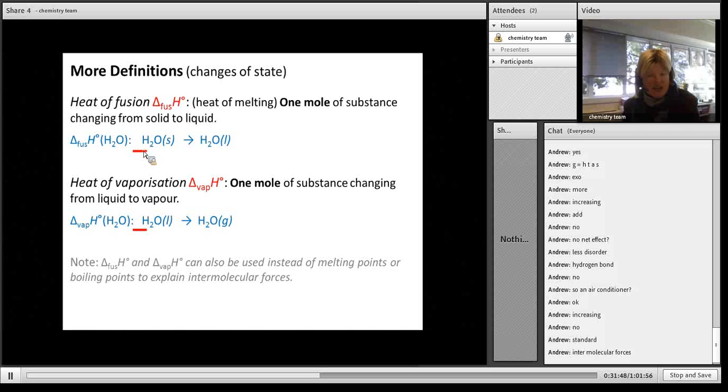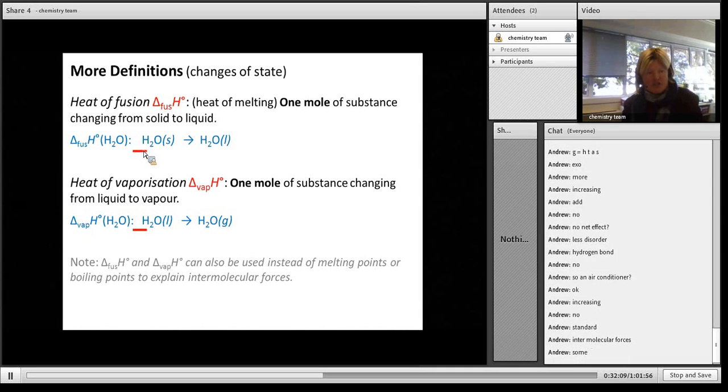You're breaking the intermolecular forces. So it's another way to ask the same thing about the strength of the intermolecular forces. When you're going from solid to liquid, you're only breaking a few of those intermolecular forces. You just want to break some of them to let them separate.